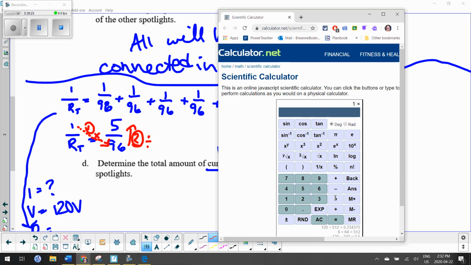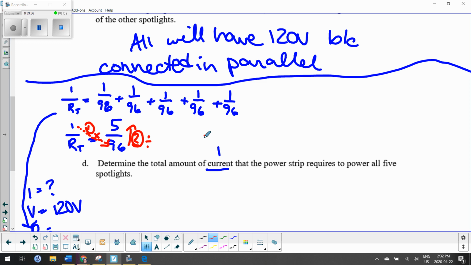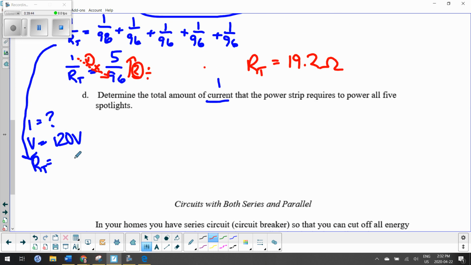So it's 1 times 96 equals, divided by 5 equals. So I get 19.2 ohms. So my total resistance equals 19.2 ohms. So that's what I can write in here.